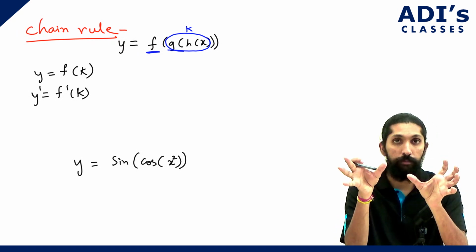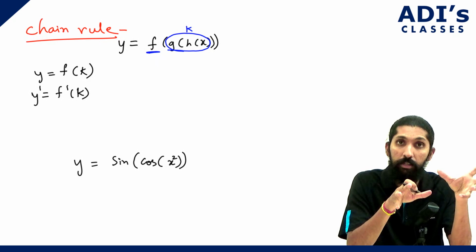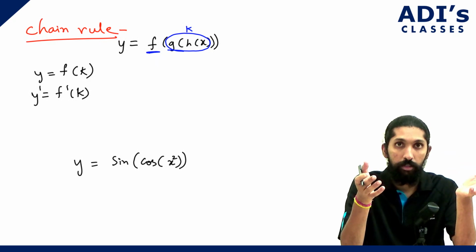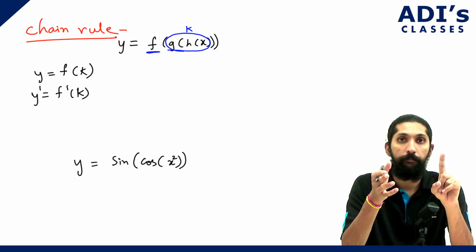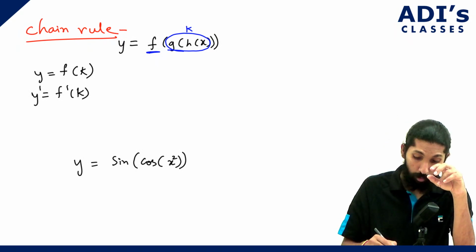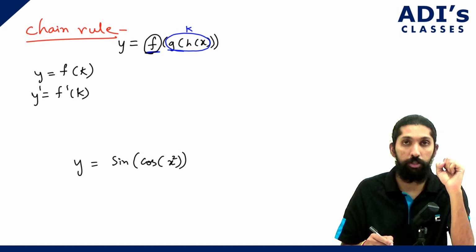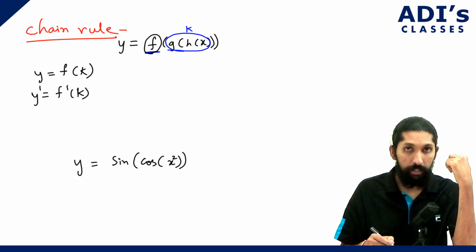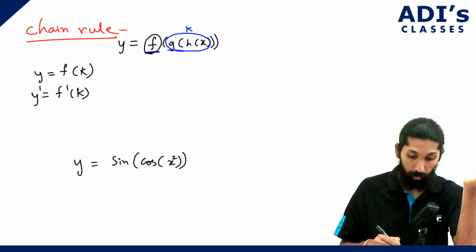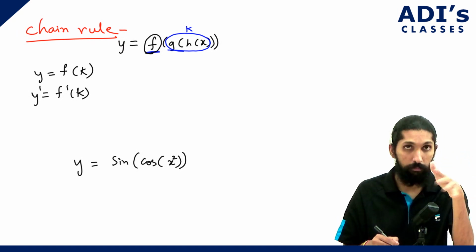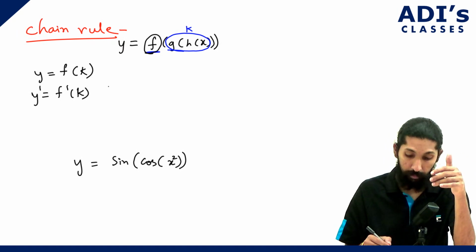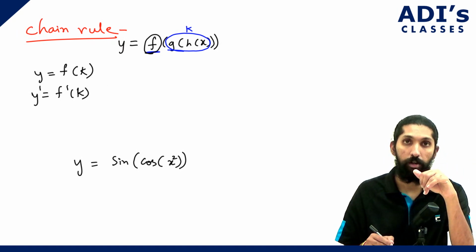You take one function. Inside that, you might have multiple functions. So all the multiple things, you take it as one. You differentiate the outermost function here. f is being differentiated. Once that is differentiated, you are going to have y dash as f dash of k, where k is nothing but g of h of x.